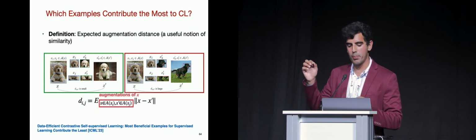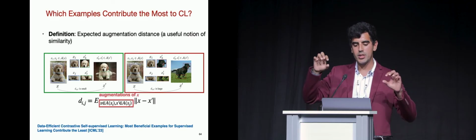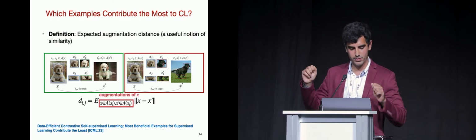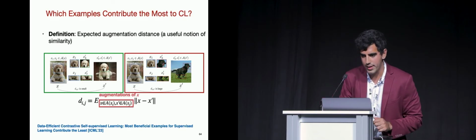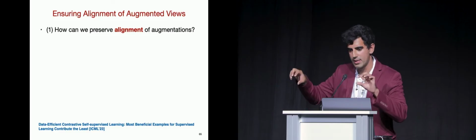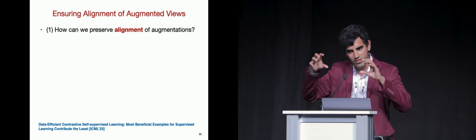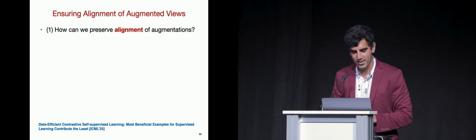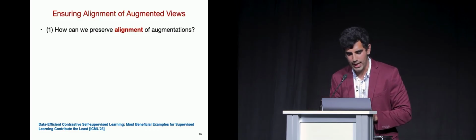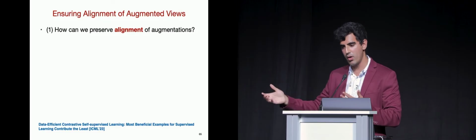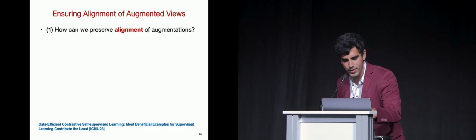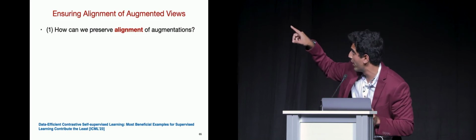So what expected augmentation distance is, it measures how far apart the augmented views of two samples are. So in the first case, since the augmented views, like the faces and the paws of the two puppies are very similar, you can say that this is low expected augmentation distance. And in the second case, because these are dissimilar, we'd say this is high expected augmentation distance. And we have the exact expression for it down there, Dij.